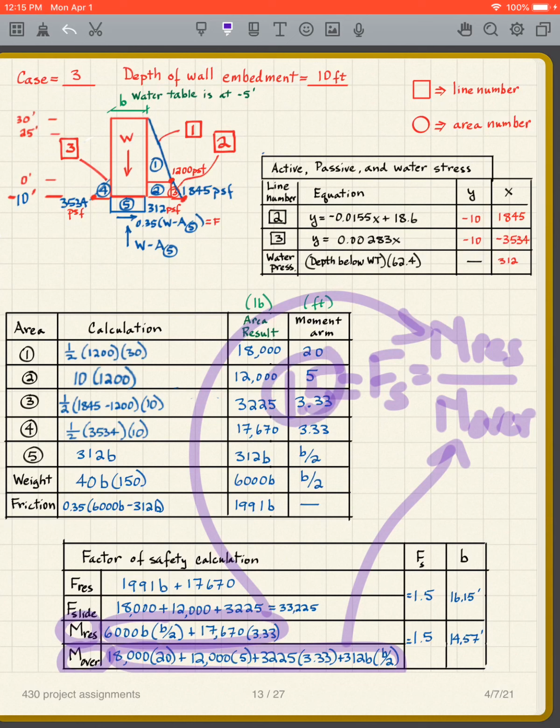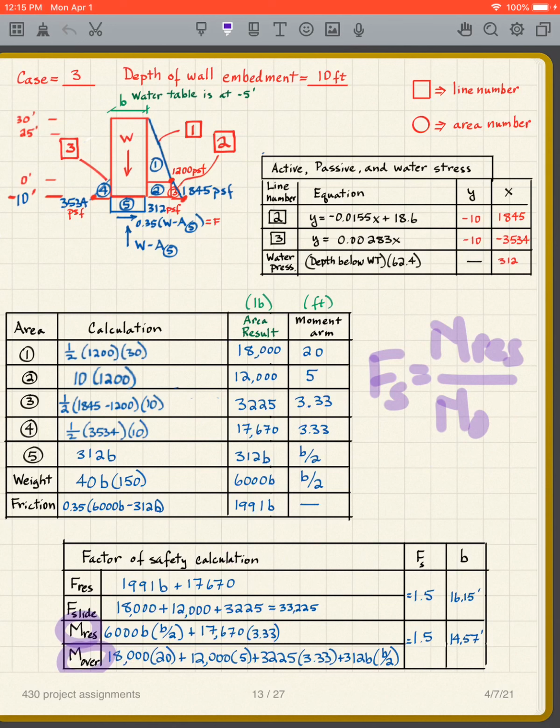With this 1.5, I then solve for b. There's a b here and a b squared here, so it's a little bit more complicated, but you can solve for it. I get 14.57. So to resist overturning, I only need 14.57. To resist sliding, I need 16.15. So which one is more? I have to build this one to be safe for both sliding and overturning, so I have to use the bigger one.